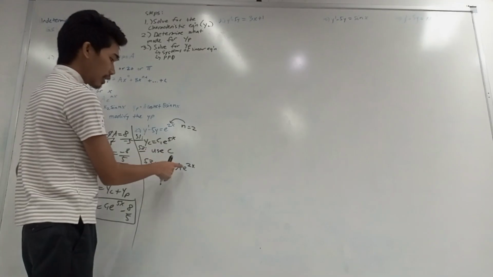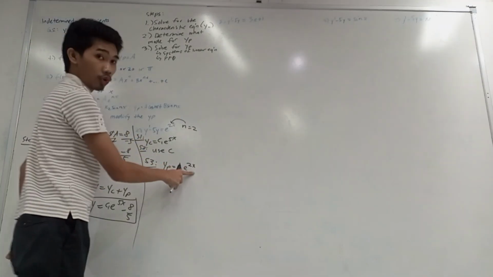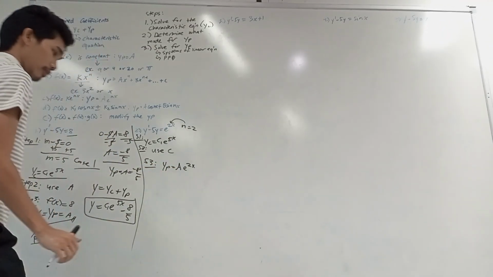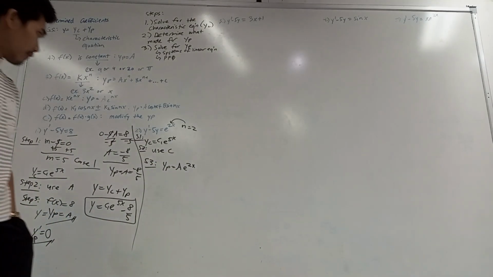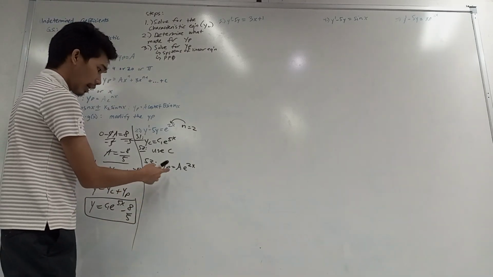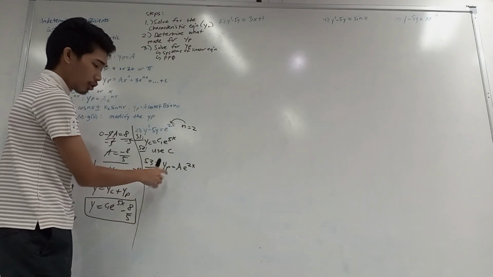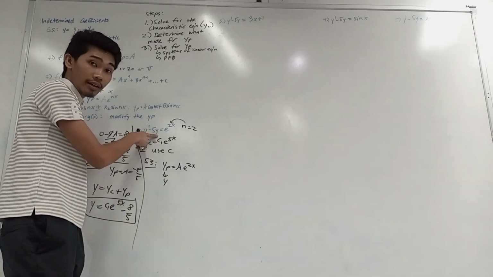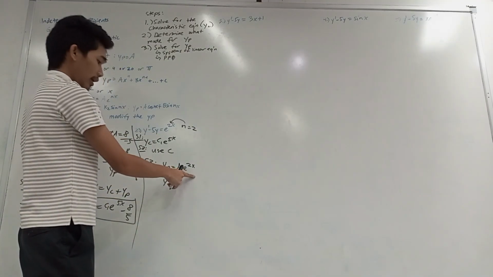So substitute natin, nx is 2x. So now, solving, ang ating yp or yung y natin for here is A e^2x.